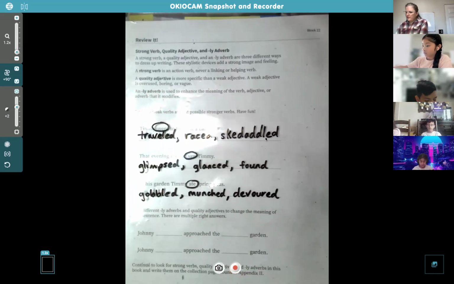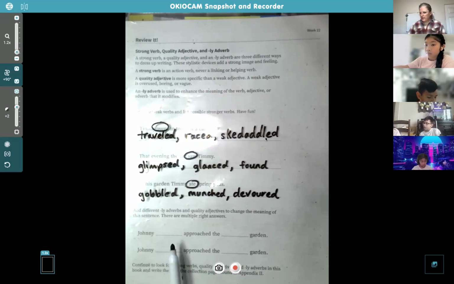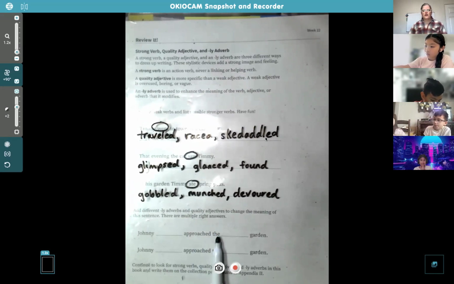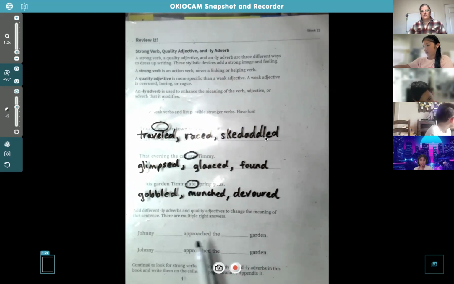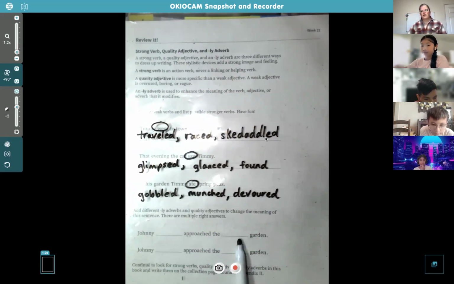Okay. Add different ly adverbs and quality adjectives to change the meaning of the sentence. There are multiple right answers. Johnny blank approached the blank garden. So the first one is going to be an ly. Johnny somethingly approached the, and then an adjective to describe the garden. So can you guys think of an ly and then an adjective? How about you, Julio?